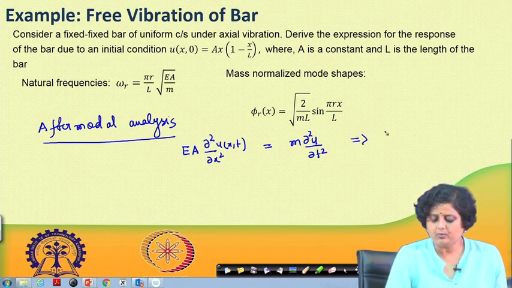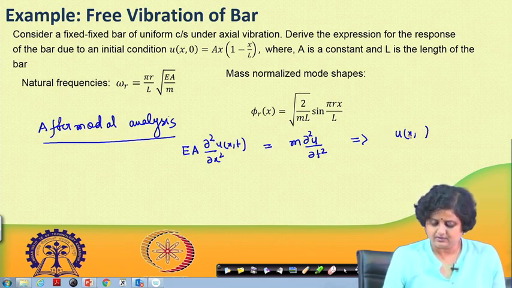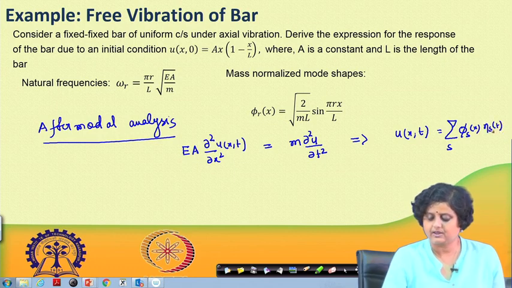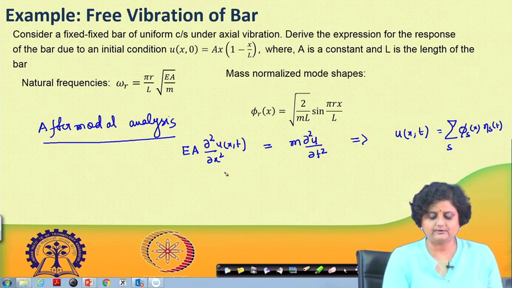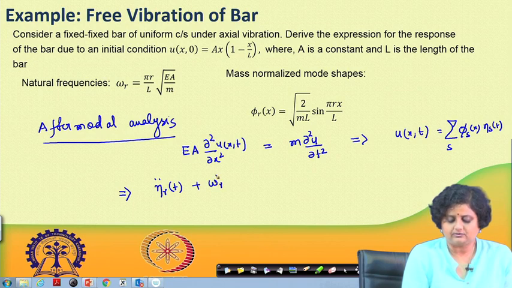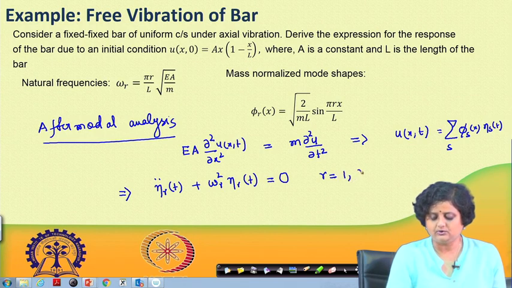Now, if we perform modal analysis on this, that is, if we write u x t as summation of, and plug in here and follow the process that we did earlier, this equation will become eta r double dot t plus omega r square eta r t is equal to 0, because there is no externally applied force, and r is equal to 1, 2, 3 and so on.